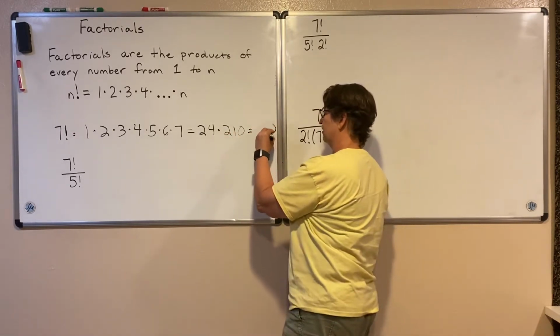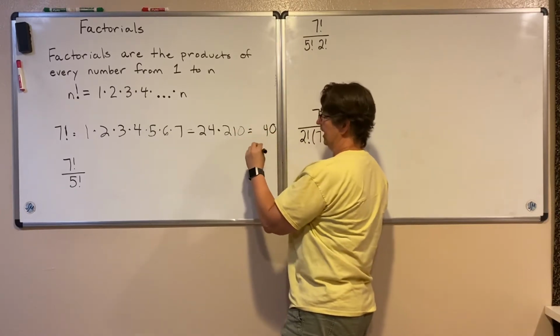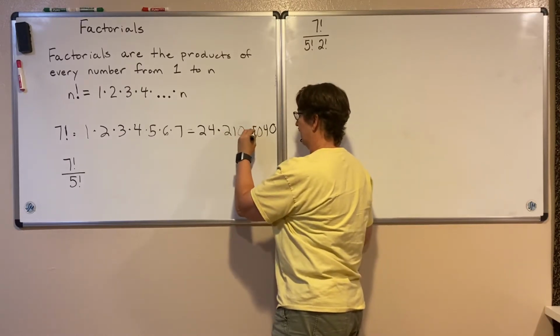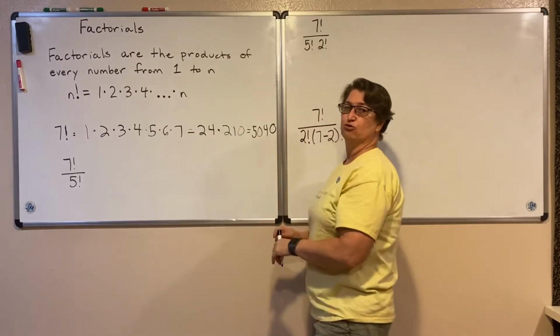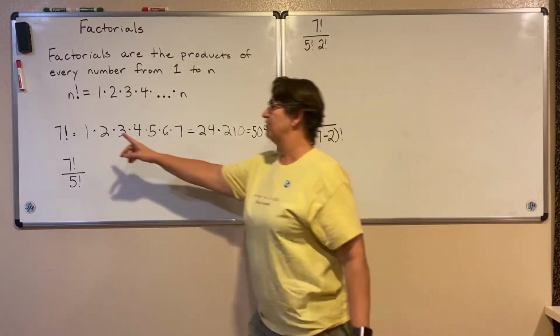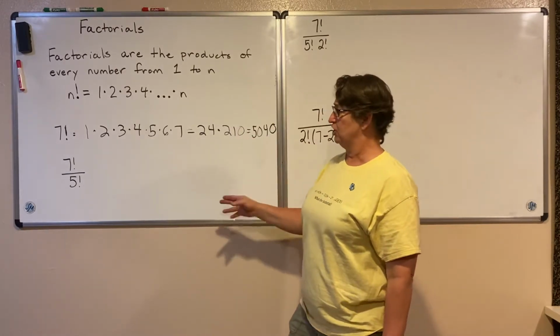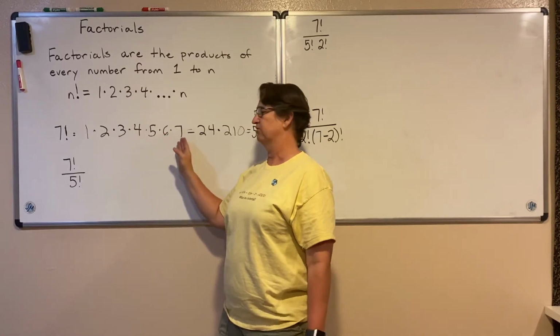So it ends with a 0. And you have 4. And 8 and 2 is 10. Carry your 1, 4, 5. So that equals 5,040 if we multiply all those numbers together. So 7 factorial is equal to 5,040. It's just the numbers 1 times 2 times 3 times 4 times 5 times 6 times 7.